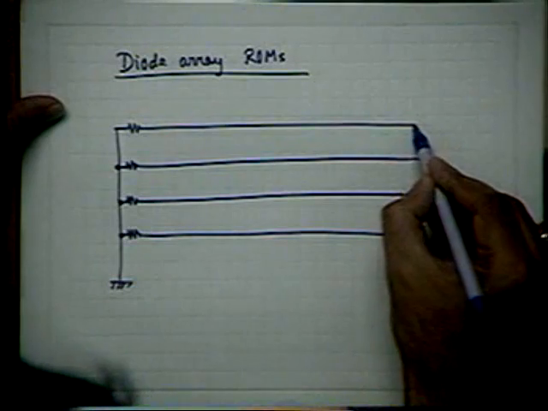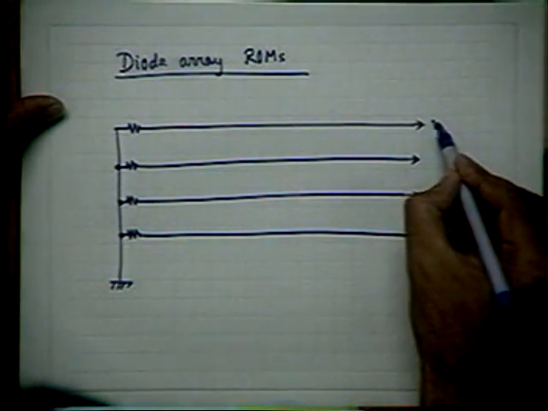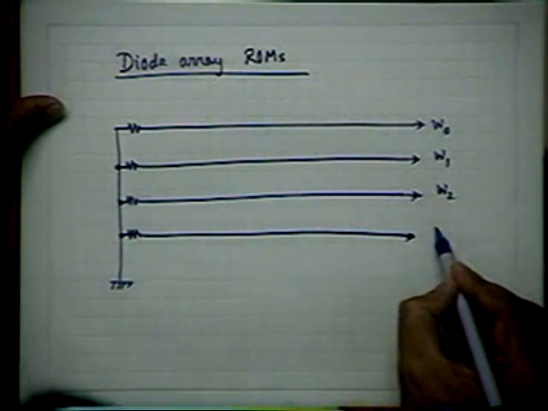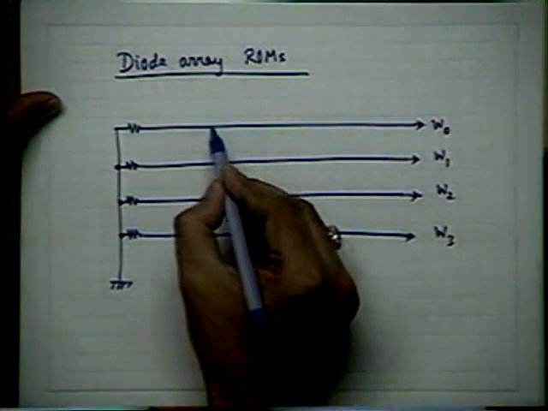And then these are the output bits, call it W0, W1, W2, W3, and then we have a number of columns.